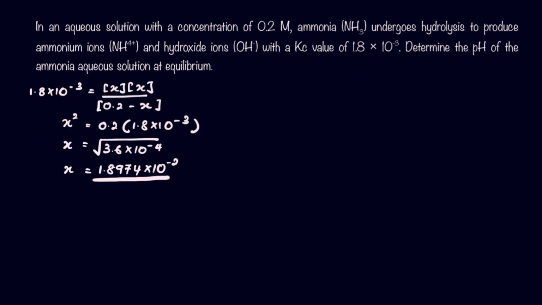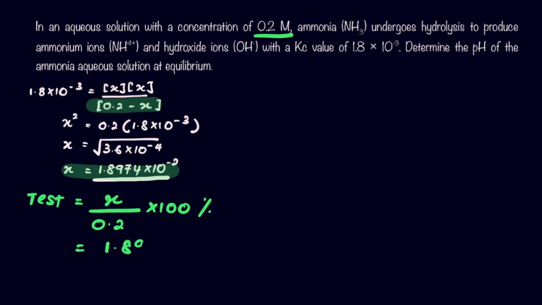Since we calculated the value of x using the approximation method, we need to test whether this value of x is valid or not. Your test is equivalent to the value of x divided by the initial concentration, which is 0.2, times 100%.